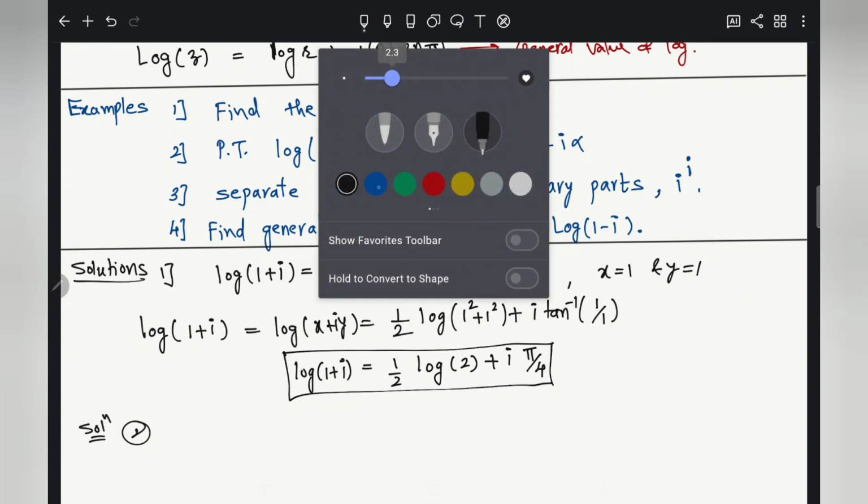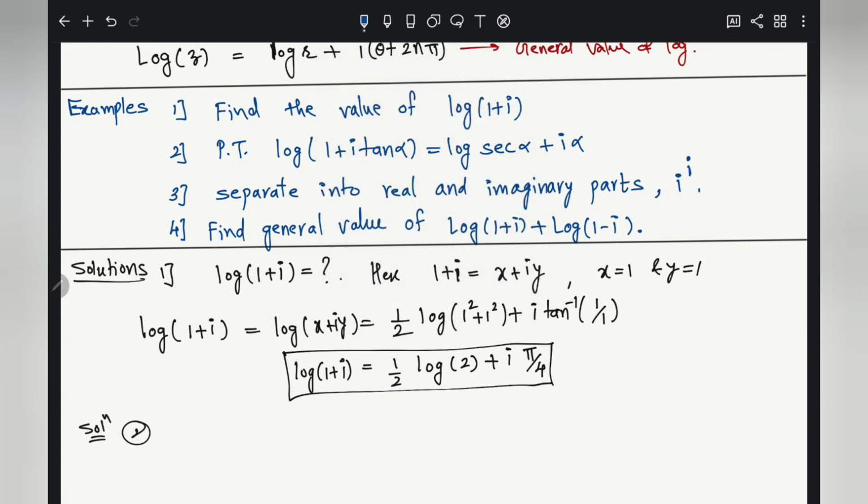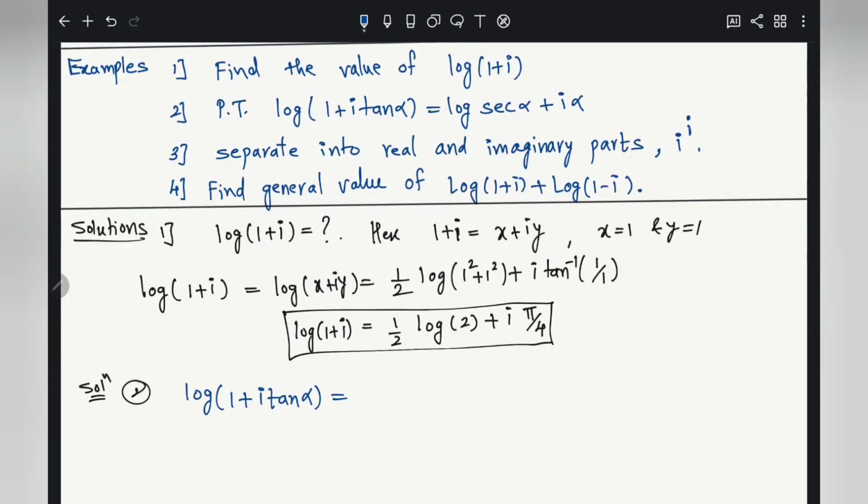I'll just change the color. We have to prove that log of 1 plus i tan alpha equals log sec alpha plus i alpha. We will start very easily. Again, in this case x is 1 and y is tan alpha.